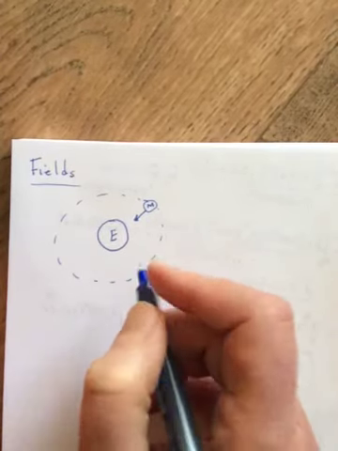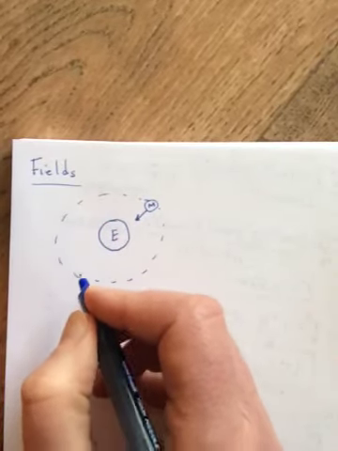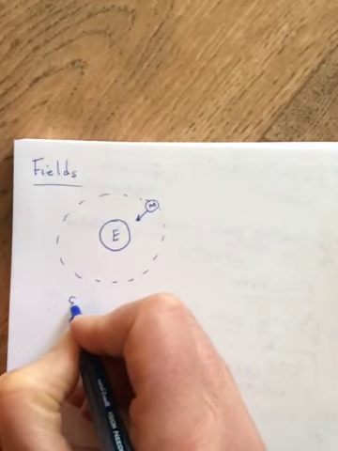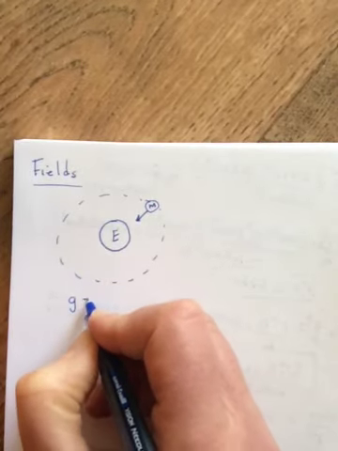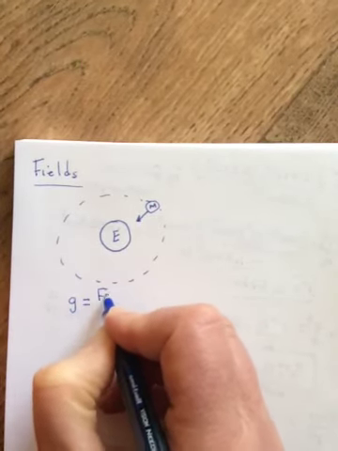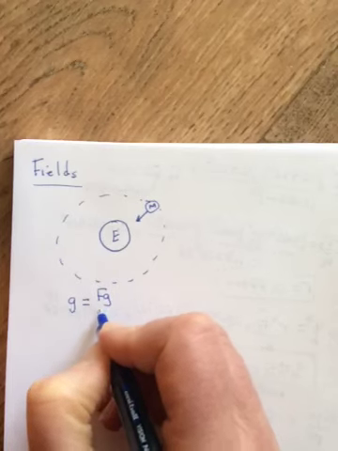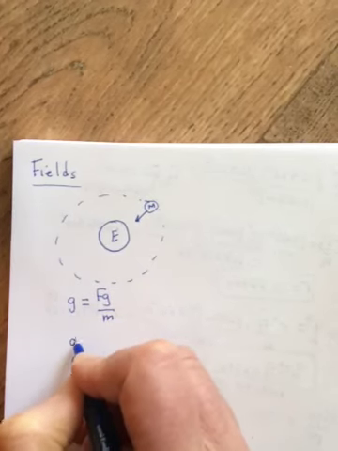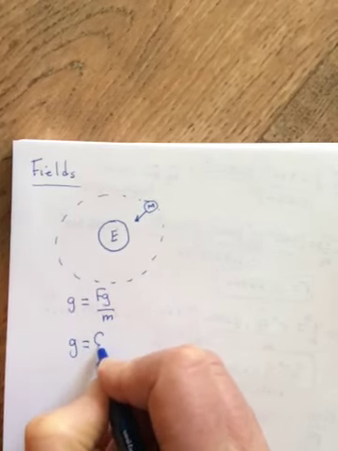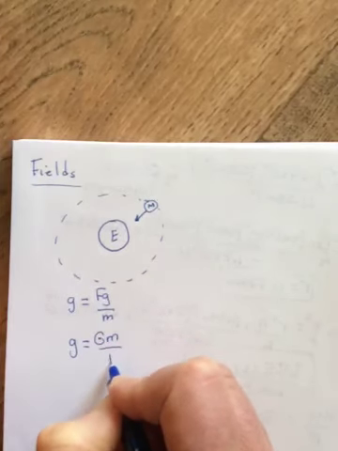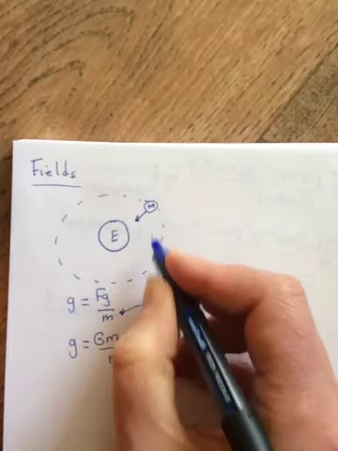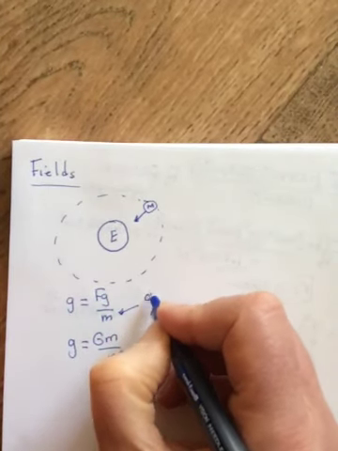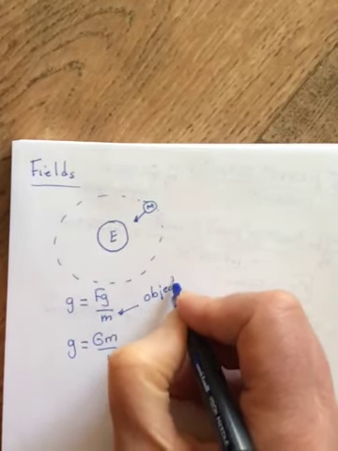And so we also found an equation for the strength of the gravitational field. The strength of the gravitational field is just little g. And we actually have two equations for it. g equals Fg divided by m, or g equals Gm over r squared. This m is you and I. It's the object brought into the field.